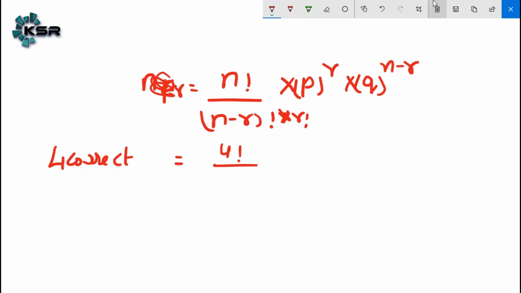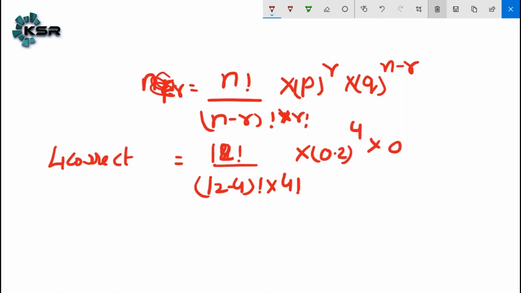Okay, n is 12 basically. 12 minus 4 factorial into 4 factorial. P is nothing but 0.2 to the power of 4 into 0.8 to the power of 12 minus 4. This you have to calculate.